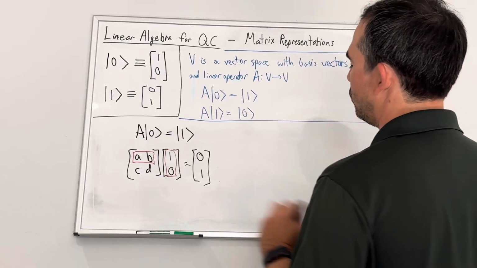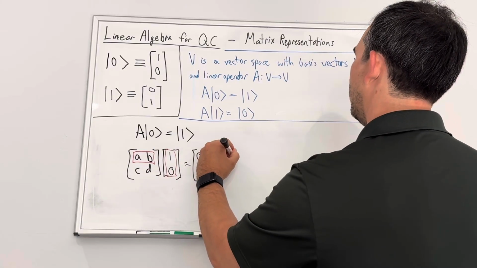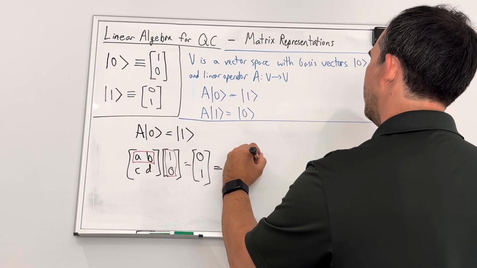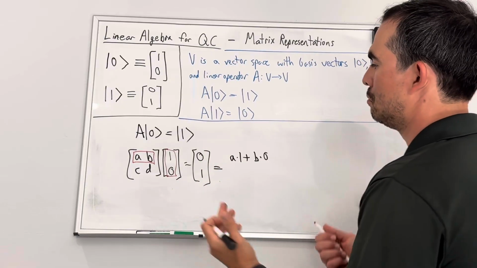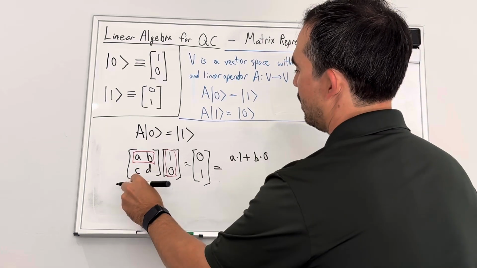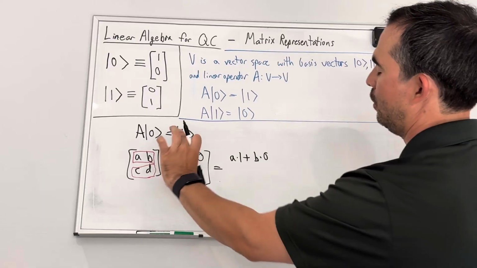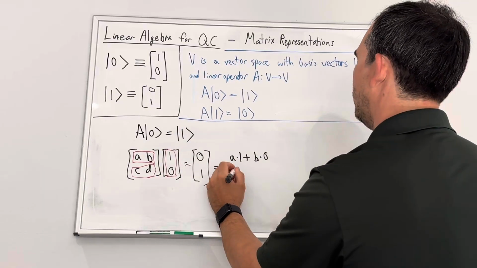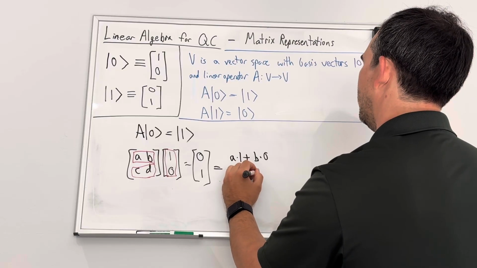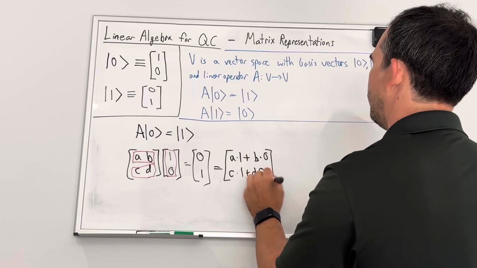That's going to give me a times 1 plus b times 0. That's my top entry. And then I'm going to do the same thing for this second row, turn it sideways, and multiply the various terms. I'm going to get c times 1 plus d times 0.